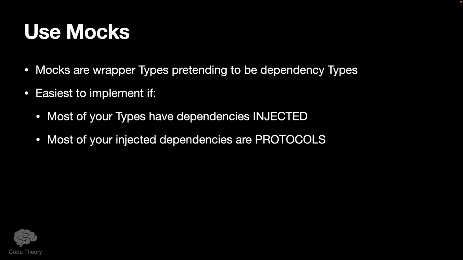And then you can write your mock so that it conforms to the protocol, but never hits the network and instead feeds you fake network data. And then in your test, you pass in the fake network type that is implementing the protocol that your code that you're testing is expecting.